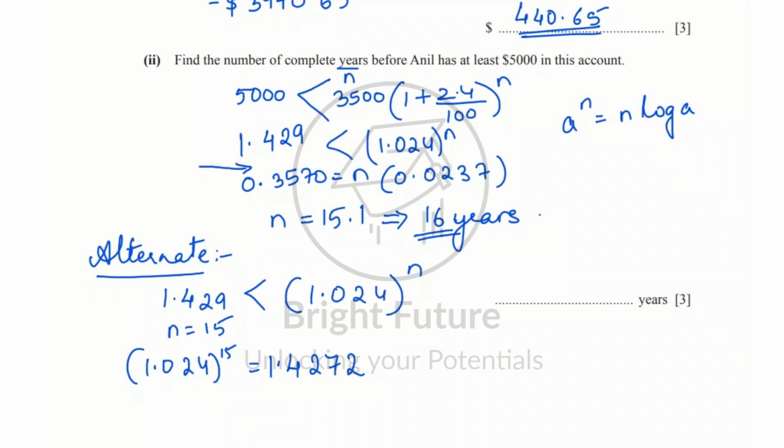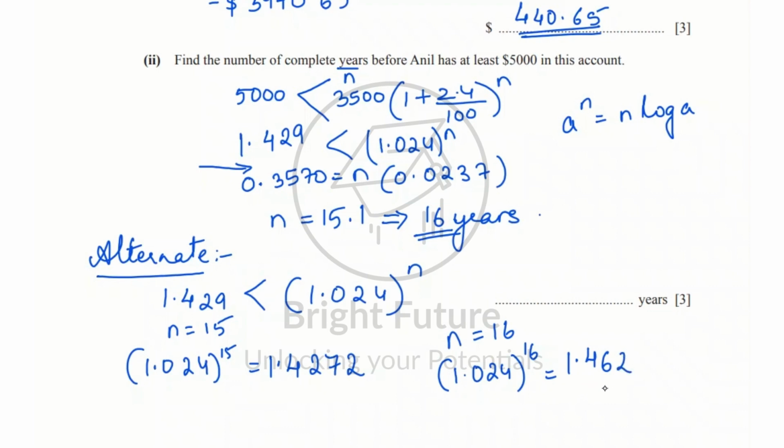Let me take the value of n as 16. 1.024 raised to 16 gives me 1.462.